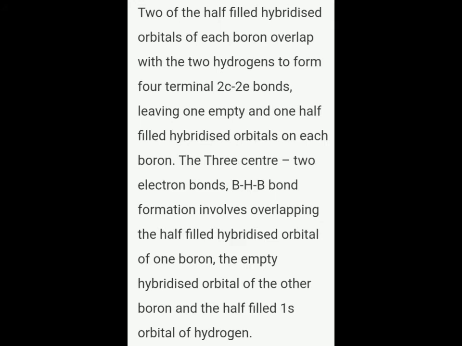When hydrogen comes and adds to boron, an electron in the 2s orbital gets excited, giving 1 electron in 2s, 1 in 2px and 1 in 2py. Similarly for the other boron. The fourth orbital, the 2pz orbital, is empty. 2 of the half-filled orbitals of each boron overlap with the 2 hydrogens.